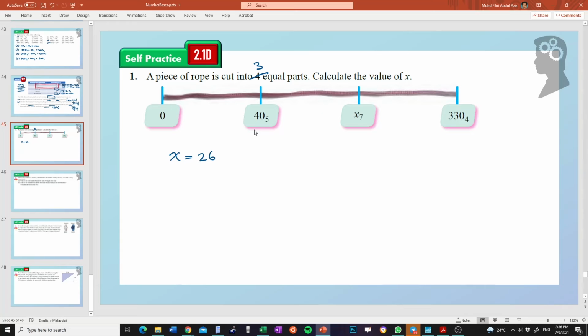Kita tunggu yang lain. 26 base 7 kan? Ya cikgu. Cikgu saya dapat 55. Okay, tak apa. Tapi kejap. Saya try check balik. Okay, Sofia dapat 26, Zarif dapat 55. Syafi dapat berapa?